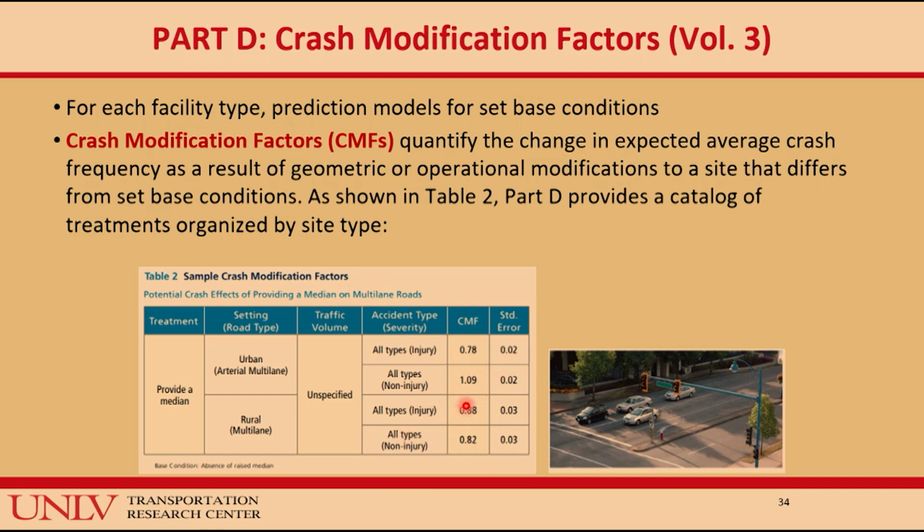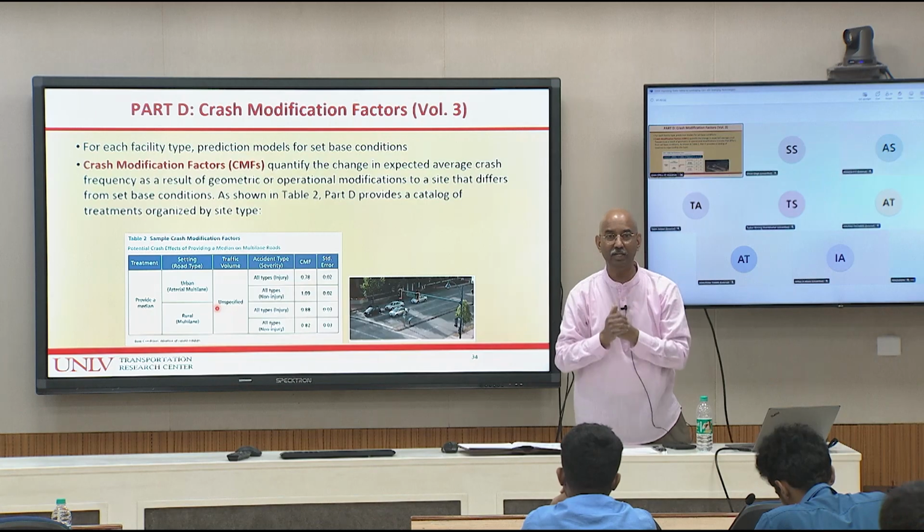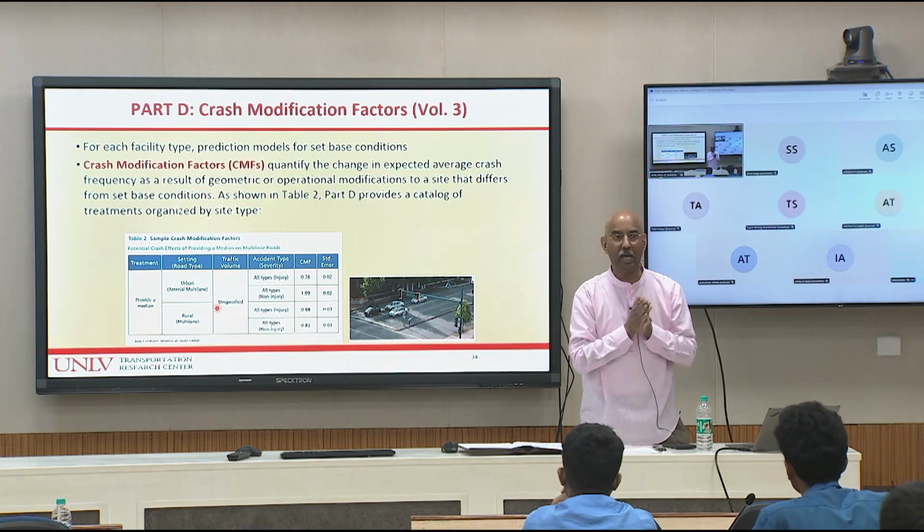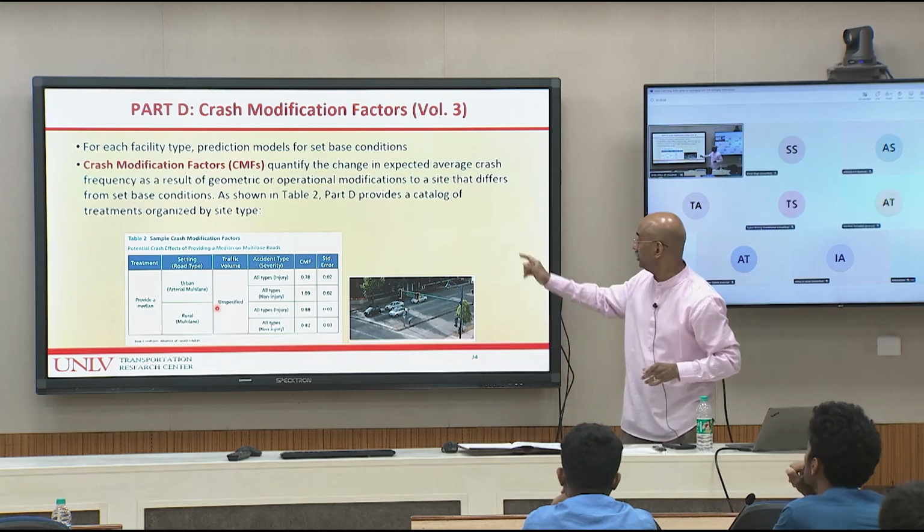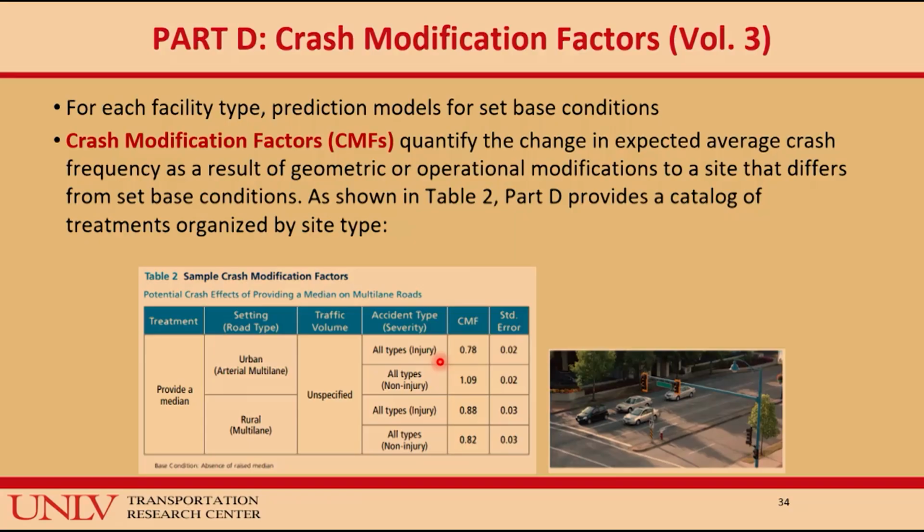So look at this non-injury here, it is 1.09, greater than 1. In the previous slide I showed you it's a multiplicative factor. If the value is greater than 1, it means that crash number is going to increase. Why would we want to do that? Because we are going to reduce the injury crashes by 22%, 78%.